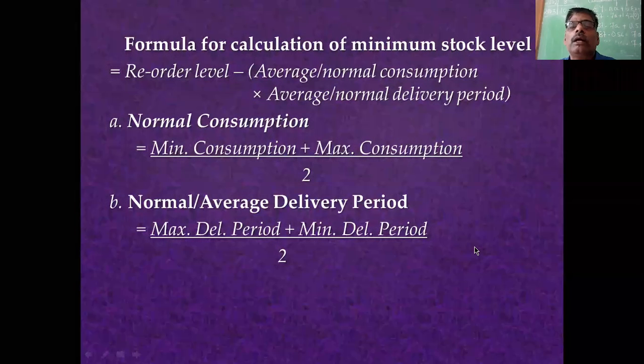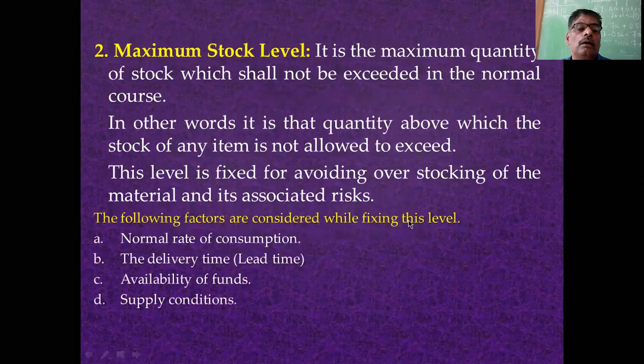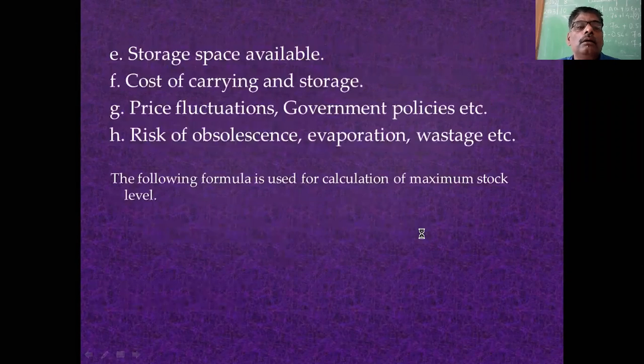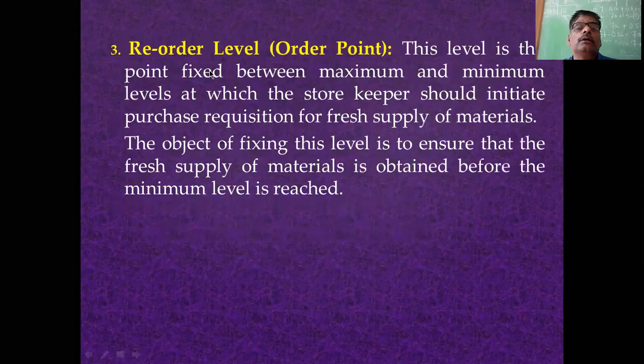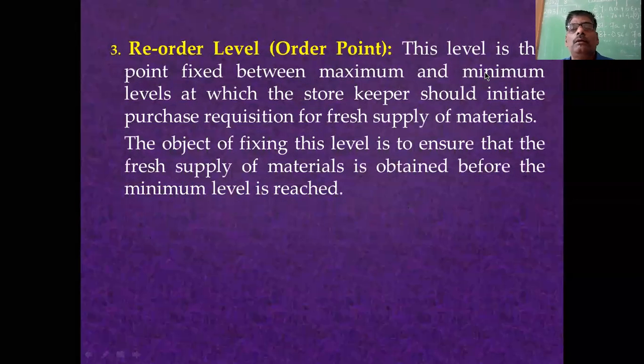This is the point I would like to explain first, but unfortunately I explained the minimum stock level. Remember, in the calculations also, you have to calculate the reorder level first.